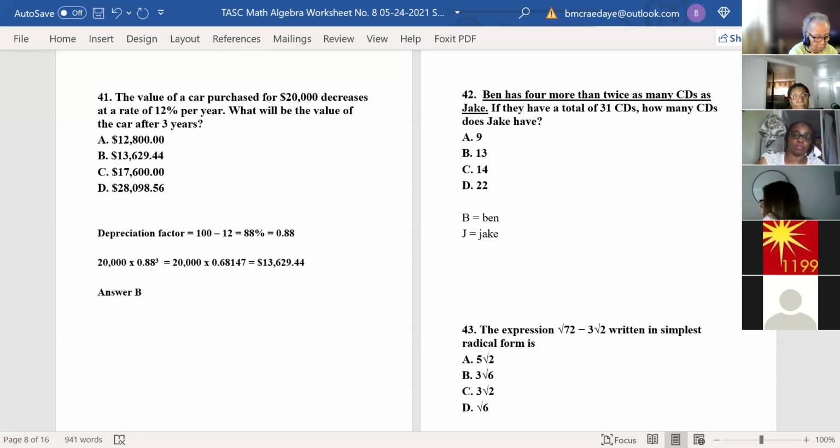What is Ben equal to? Ben equal what? Four more than twice. I want you to translate this expression to the math. How do you write Ben has 4 more than, which is an add, twice as many, which is a multiplication? Tell me how to write this.